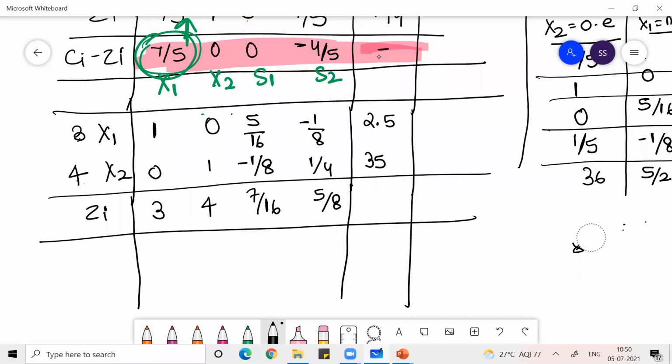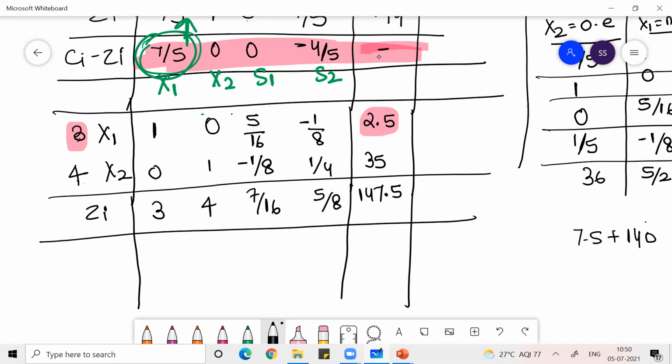And then you see this 3 into 2.5 will be 7.5 plus 4 into 35. 35 fours are 140, right? So this will be 147.5. So you got all the Zi values.